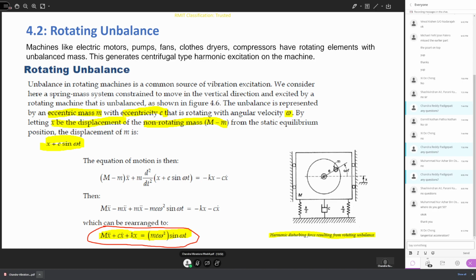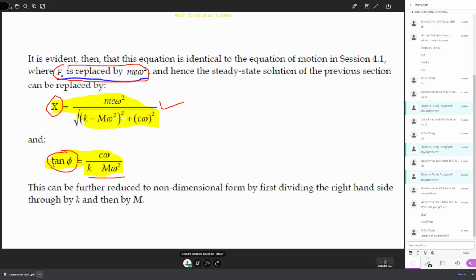This force varies with respect to angular displacement, so we can write it as a harmonic function, m e omega square sine omega t. Therefore, the equation of motion is the same as a damped and forced vibration, and we can use the same analysis which we did in the last session.